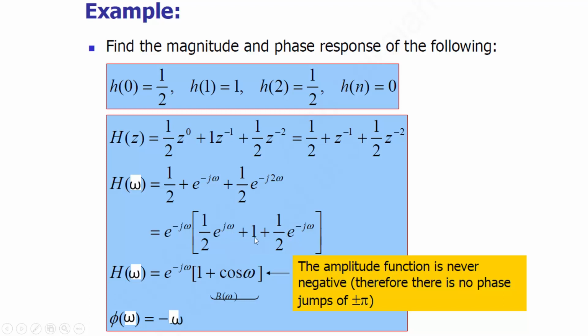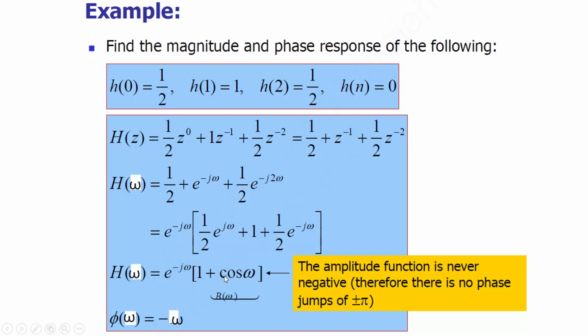By applying Euler's formula, e to the power j omega plus e to the power minus j omega is 2 cos omega, or e to the power j omega plus e to the power minus j omega by 2 is cos omega.